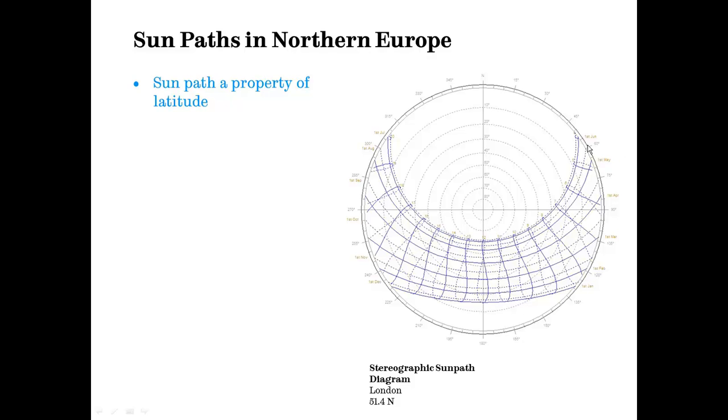Okay. If we look at the line here, this line here is the 1st of January. Okay? So the middle of winter. Sorry, 1st of June. Sorry. This line at the bottom here is the 1st of January. So the middle of winter. And if we start with winter, what it's telling you is that the sun rises above the horizon at this point.